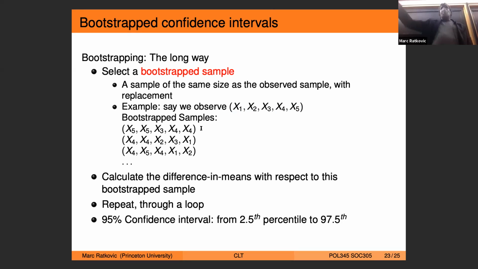So we're taking 5 values from 1 to 5 with replacement. And we're going to take the mean of this. Then the second one might be X4, X4, X2, X3, X1. The third one might be X4, X5, X4, X1, X2. The important part, though, is we're going to take the sample mean of each, but we're going to use these bootstrap samples to estimate the underlying uncertainty to get our margin of error estimates.